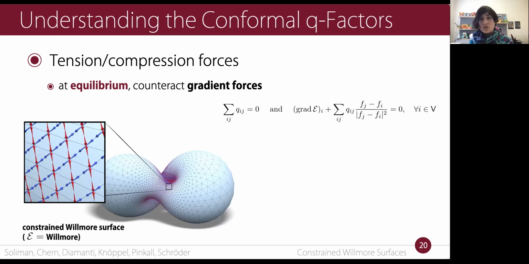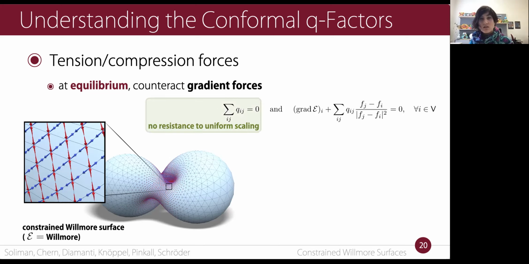And this imposes a condition on edges because the conformal condition was defined on top of an edge-based metric. So the Q's also live on edges and they multiply the edge vectors. One can think of having a little spring on each edge that is pushing or pulling according to the sign of the Q. And then you have the total push or pull being the sum of the Q's.